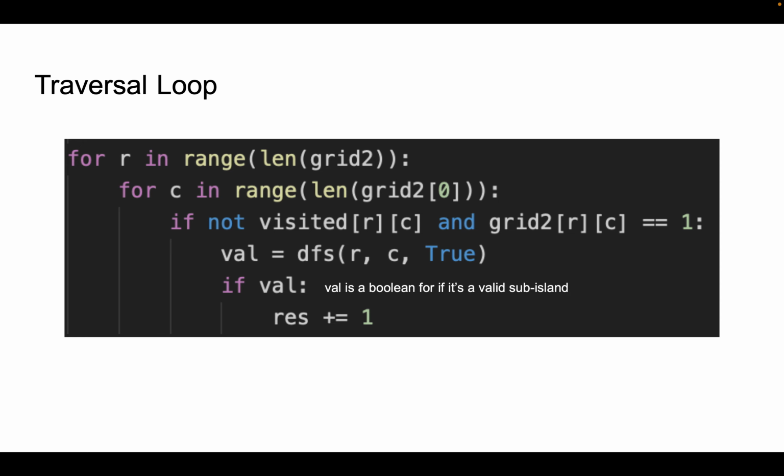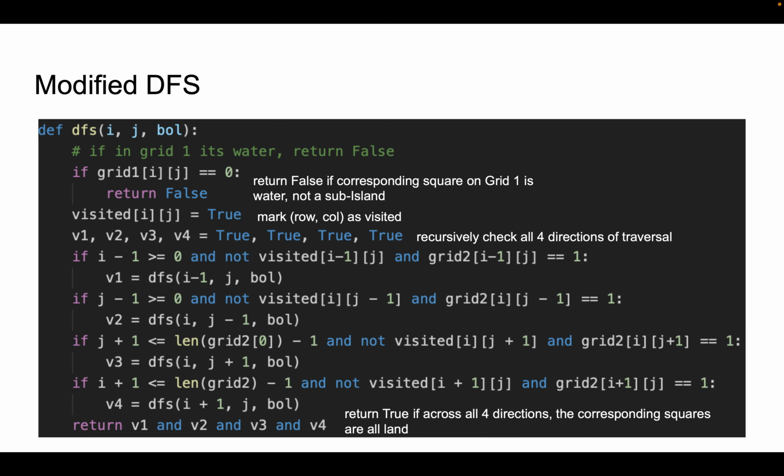Let's see how our DFS can be modified to suit this methodology. Let's look at the DFS function. Initially, we look at i and j, and we look at the square in grid 1. If the square is water, which means that for the land in grid 2 it is actually water in grid 1, it's not possible for this to be a sub-island. So we immediately return false here.